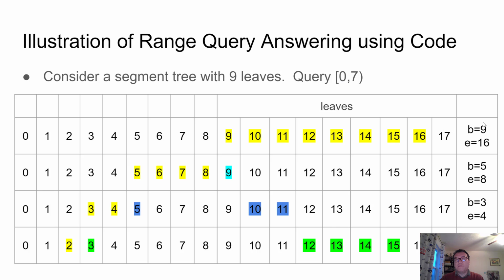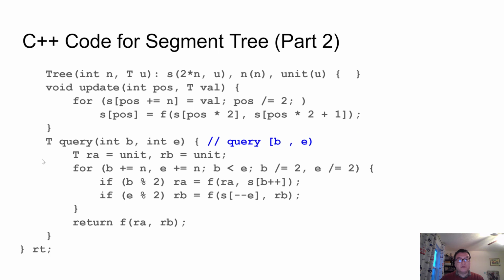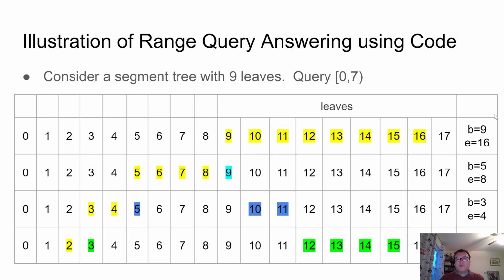The B and E values are 9 and 16. Because 9 is odd, we directly add that value to the sum, keeping track in this RA. And then we add 1 to B. B becomes 10.